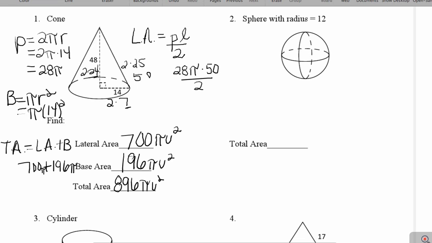In example 2, we have a sphere with a radius of 12. So to calculate the total surface area of a sphere, I'm going to use my formula, 4 pi r squared.